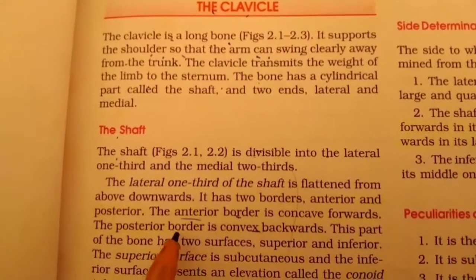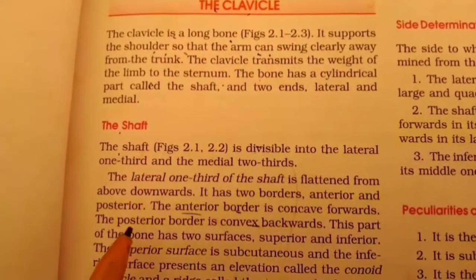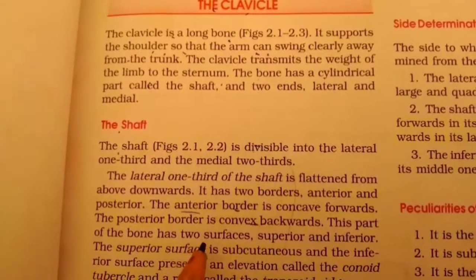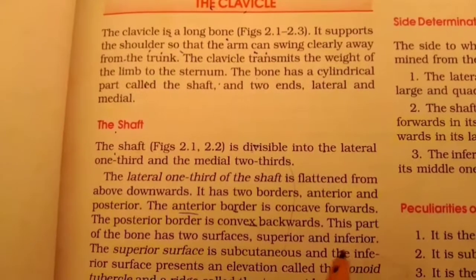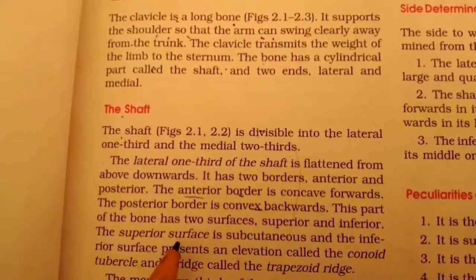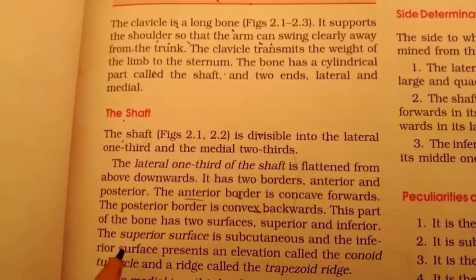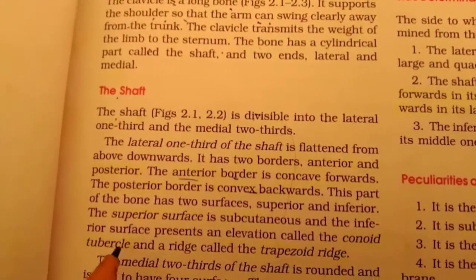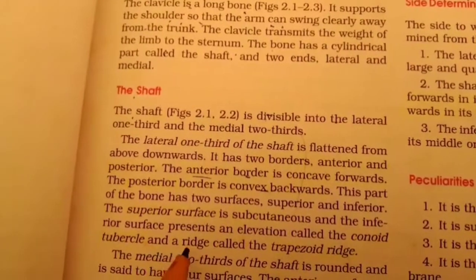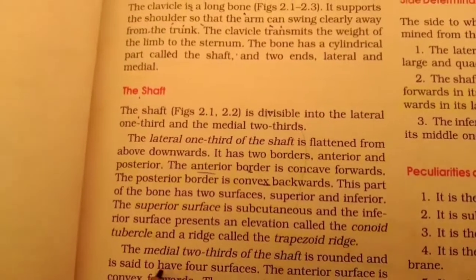The posterior border is convex backward. This part of the bone has two surfaces, superior and inferior. The superior surface is smooth and the inferior surface presents elevations called the conoid tubercle and ridges called the trapezoid ridge.